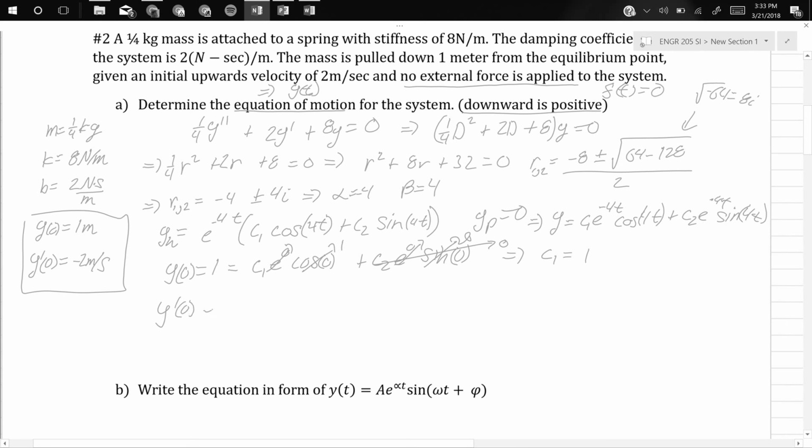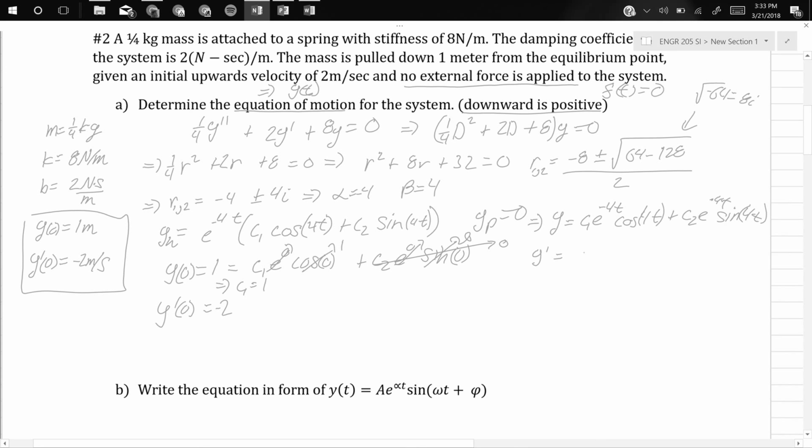Y prime of 0 equals negative 2. So we solve for y prime real quick. Ooh, it's going to be a little tricky. So here, I'll move c1 down a little bit. c1 equals 1. So then y prime is going to equal, and we'll do one term then the next.